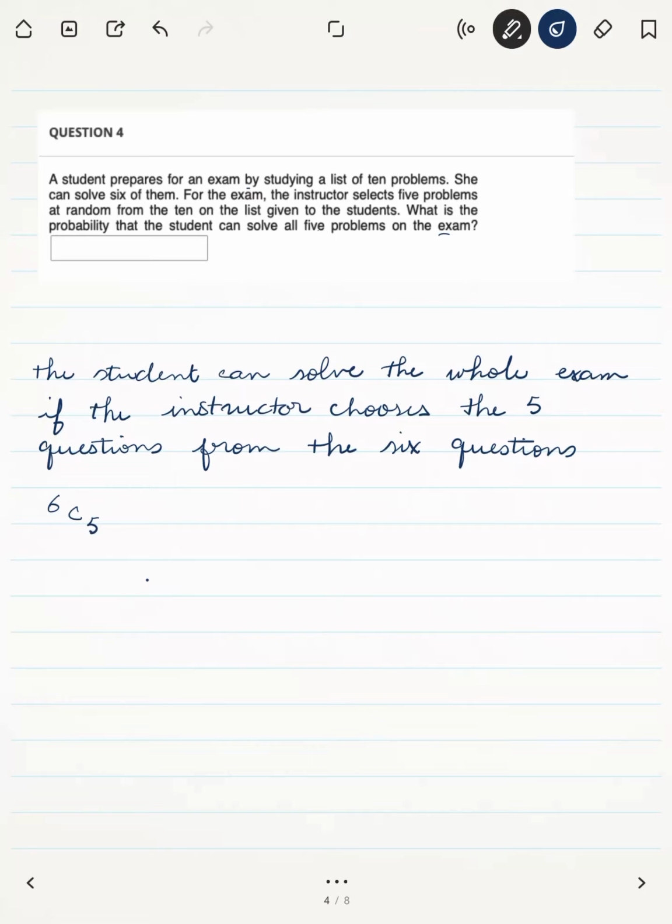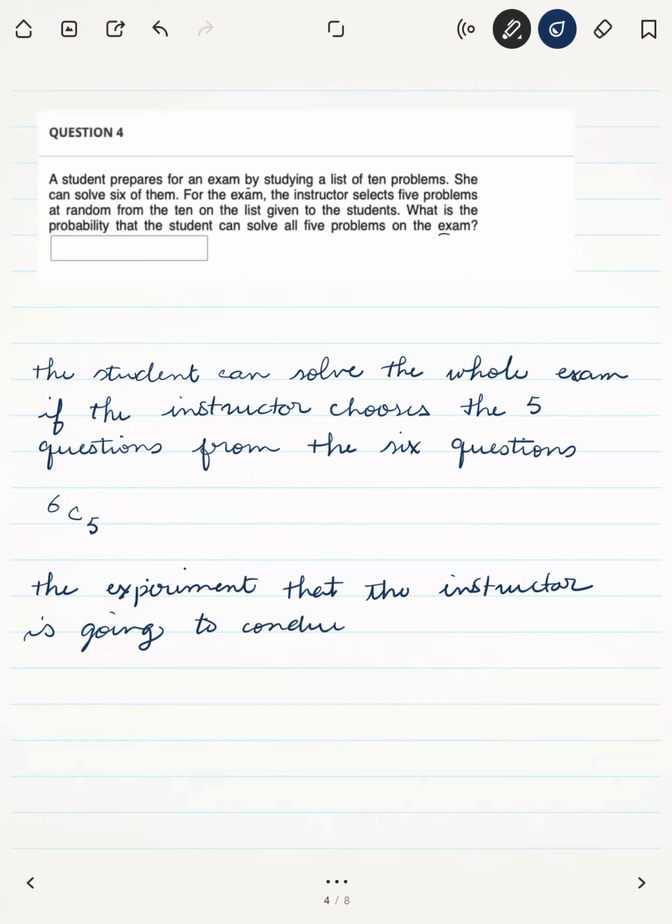But the experiment that the instructor is going to conduct, so the whole sample space, he can conduct it by choosing 5 questions out of 10.